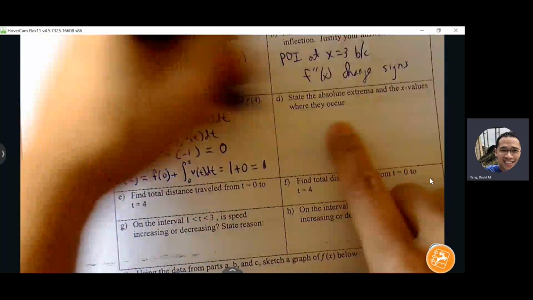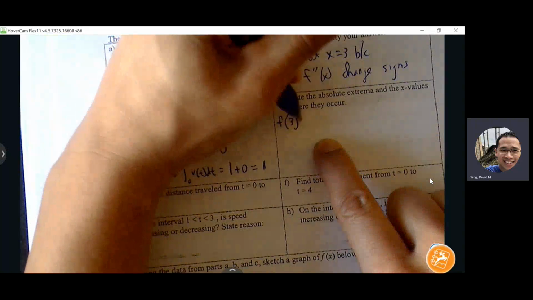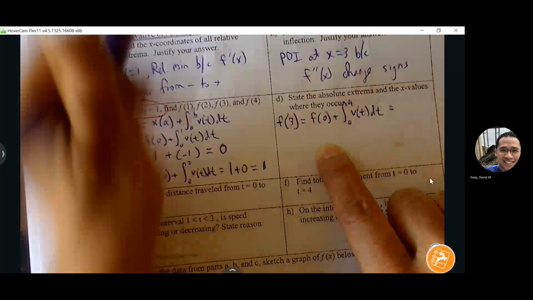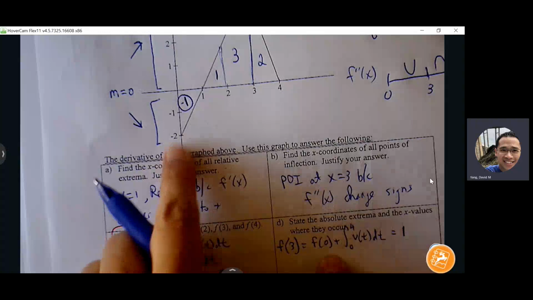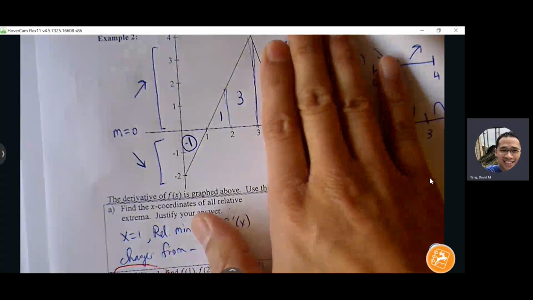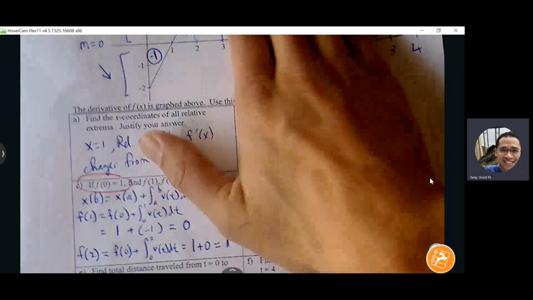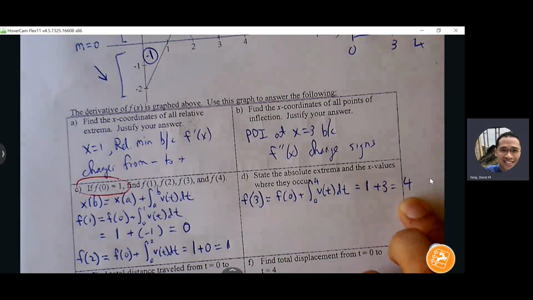Okay, we can bleed into part D here. We're just using the same data. So let's say f of 3 is my starting location plus however much I traveled between 0 and 3. So again, I'm starting at position 1 at x value 1. And then between 0 and 3 seconds, how much net gain am I going to make? 3 units to the right, so plus 3. So I'll end up at location 4.